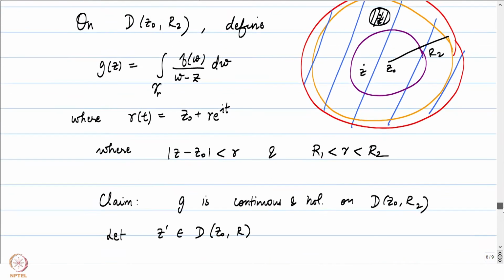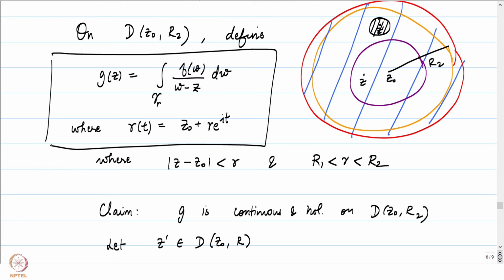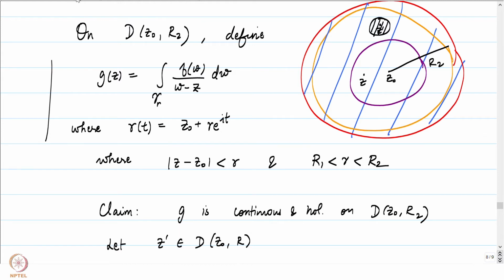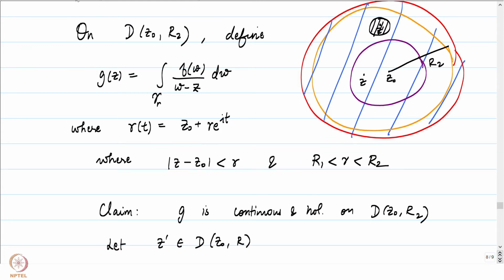So before we go ahead, one thing to note here again is that this definition is well defined. I did not spend any time to justify that. I did not say any extra restriction on R, only this was the restriction put on R, but then the function which is circled now, f of w by w minus z, is a function which is holomorphic on the annulus, which has the lower radius greater than absolute value of z minus z naught and upper radius r2.